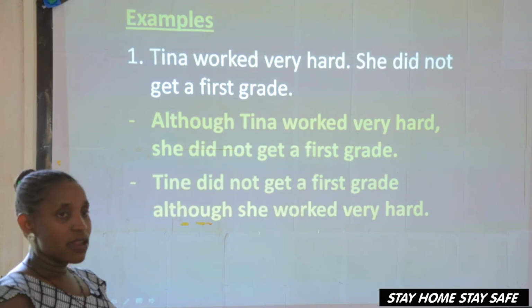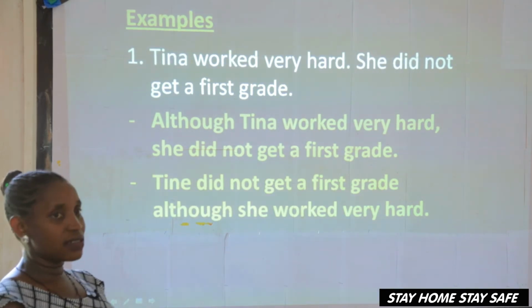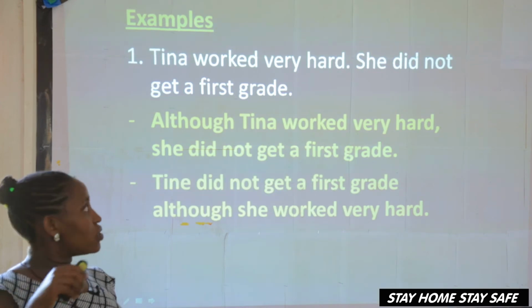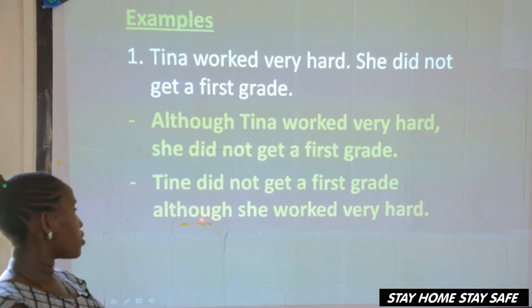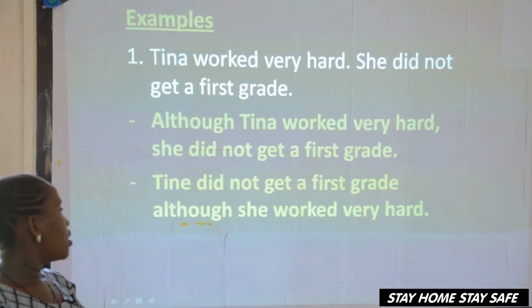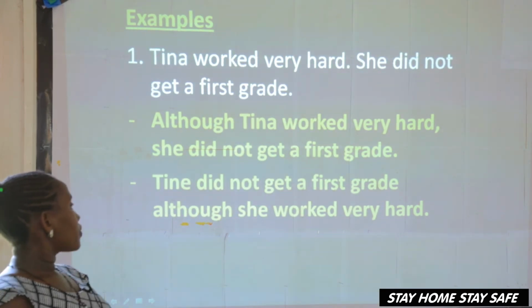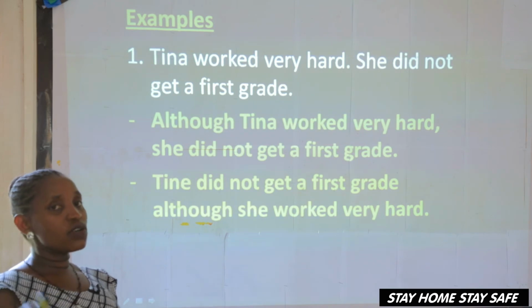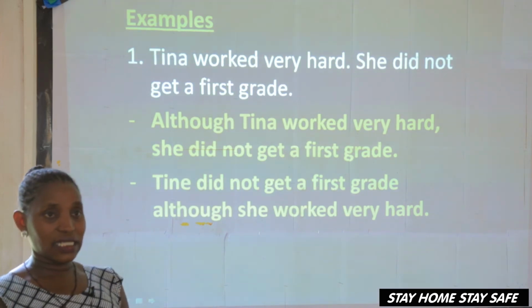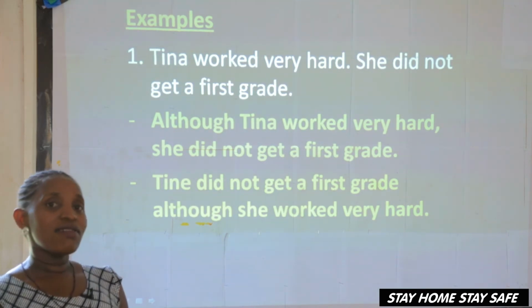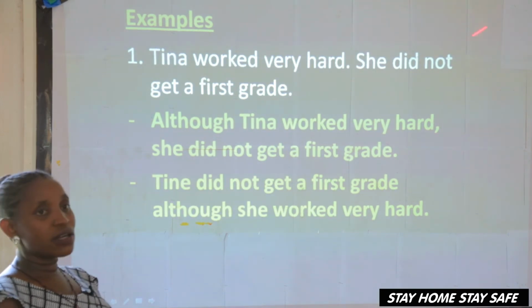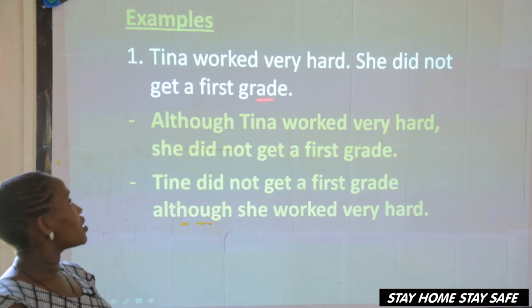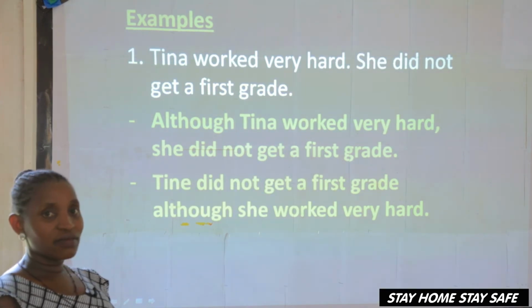Now, although within the sentence, still this same question can be put with although at the beginning, and we can still put although within the sentence. Now, we said that when we are putting although within the sentence, we are going to begin with the result. What was our result? Our result was this girl did not get a first grade.